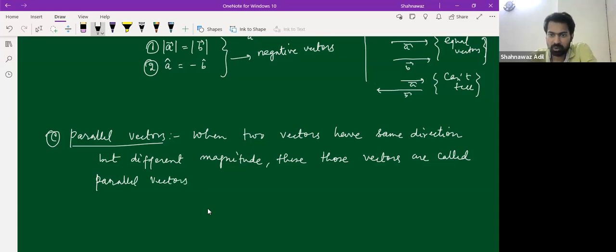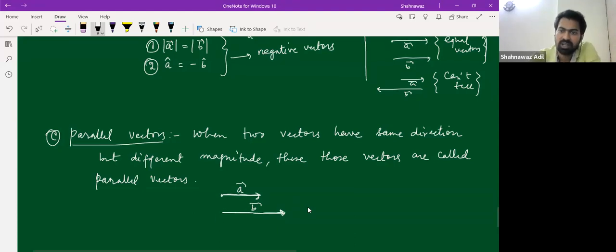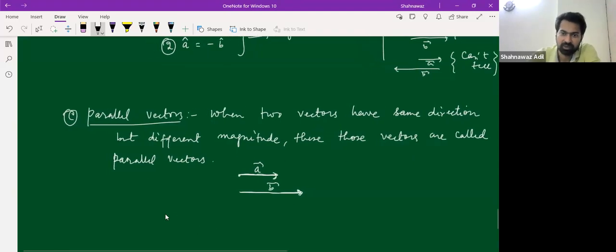Let's say you have this vector A and this vector B. We can see that the direction, the head, is the same, but the magnitude is different. So these are parallel vectors.